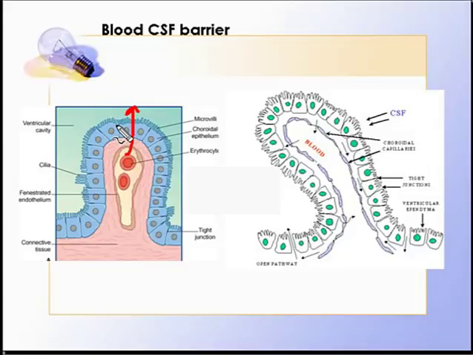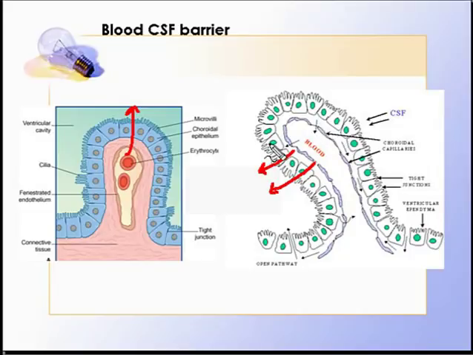Now the barrier is very similar to the blood-brain barrier, and here the lumen of the capillary is separated from the CSF again by endothelial cells, but these endothelial cells are fenestrated. So you can see these little fenestrations here in the endothelial cells. They have their basement membrane, and then you have the ependymal cells.